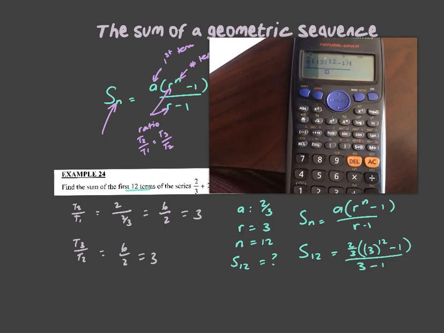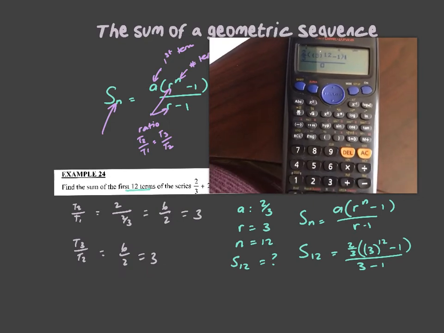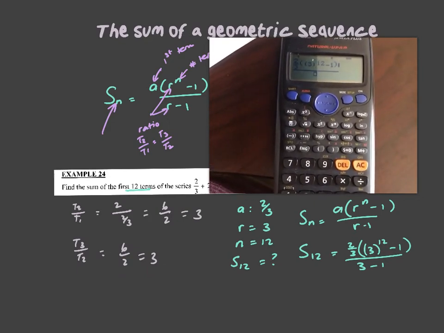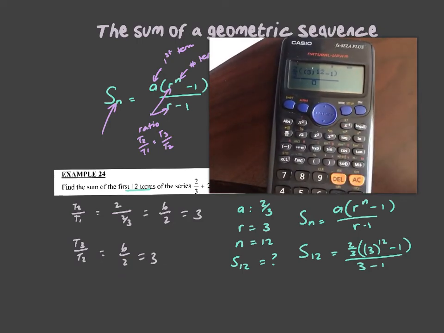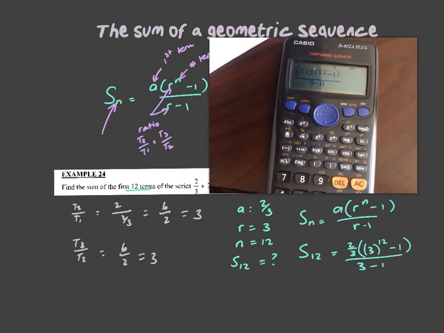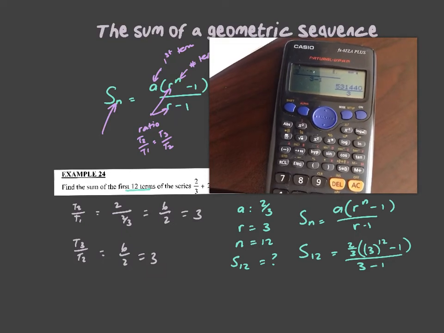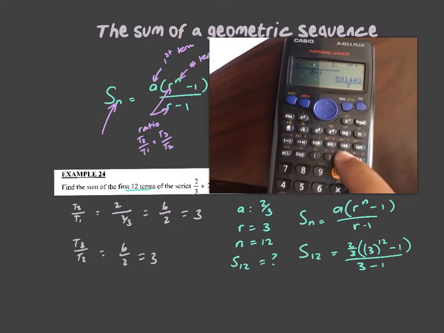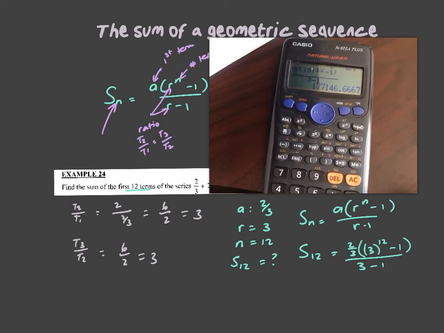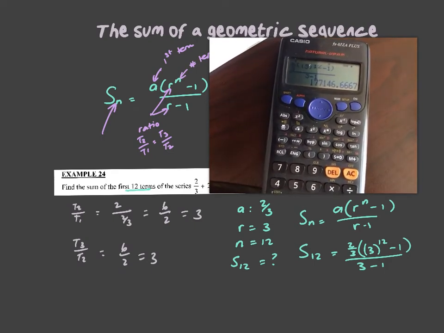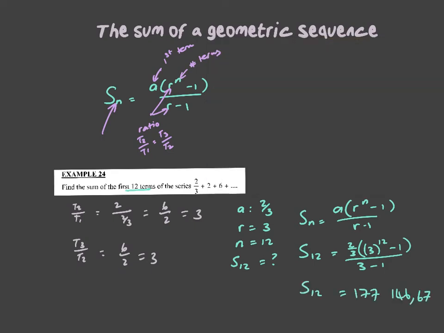Okay, so just make sure it's all right. Don't subtract 1 from the exponent. And then it is over 3 minus 1, right? So the ratio minus 1. And then that answer is that. And then you just press the S2D button, right? And then you're going to get that, and you round off to 2 decimal places. Okay, so that's not too bad, eh?